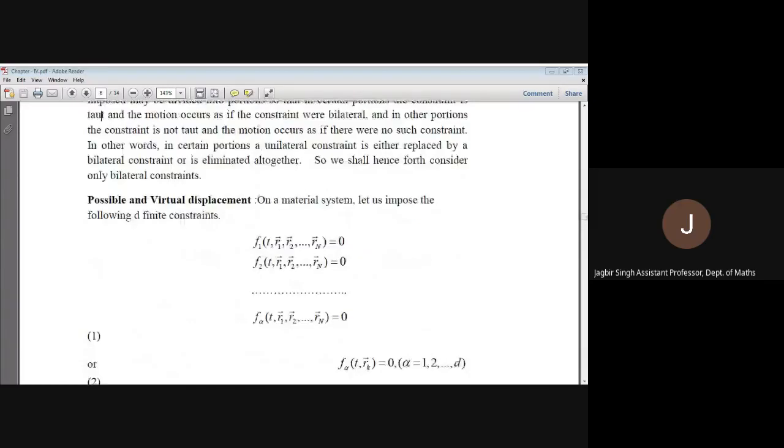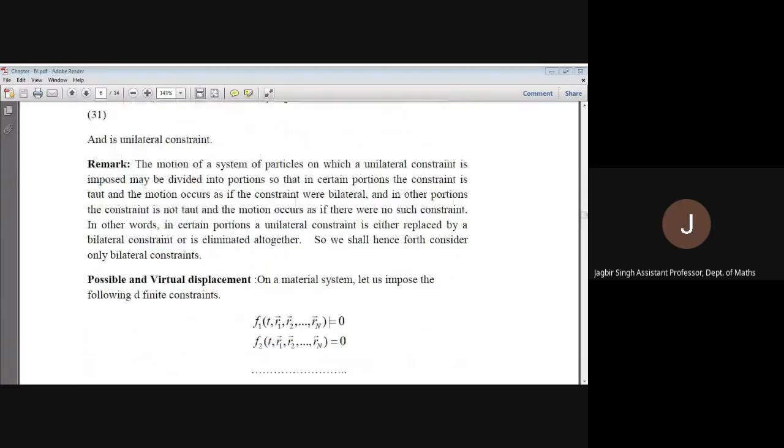Today we are going to discuss possible displacement, virtual displacement, and possible velocity.